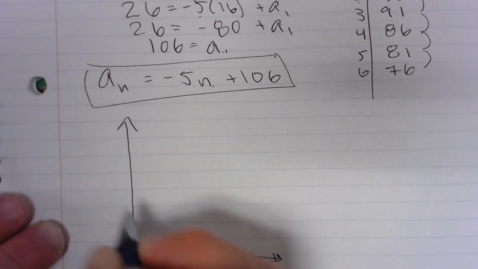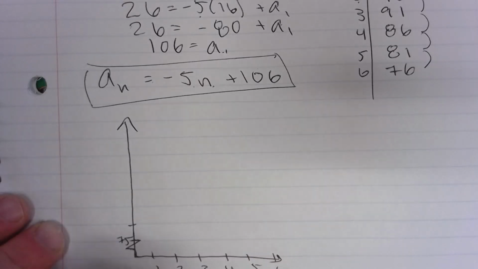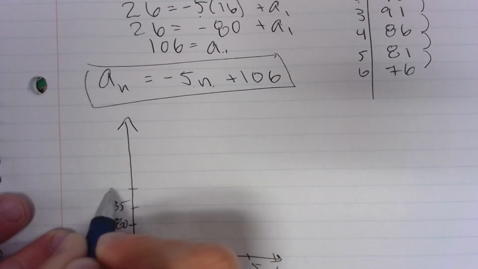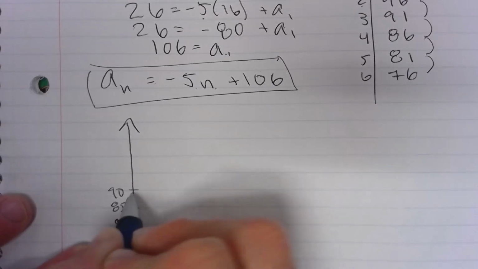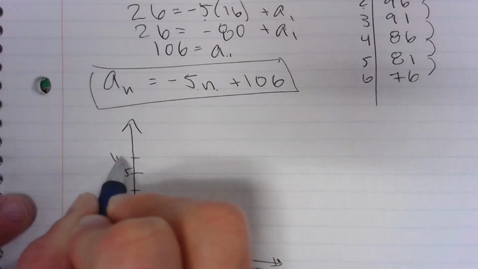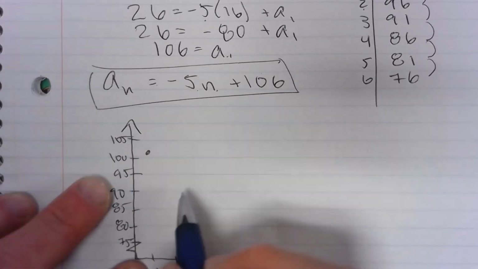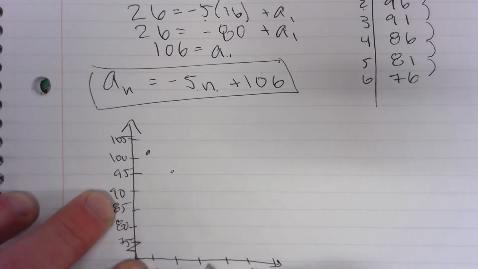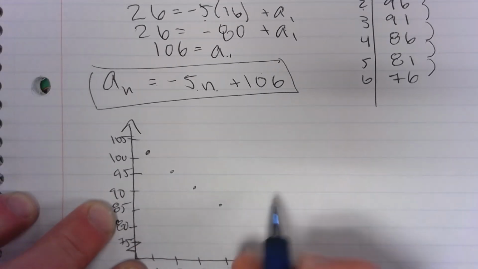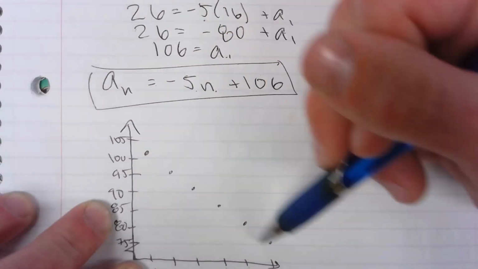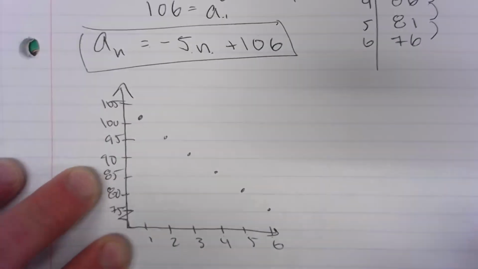And I'm going to start at 75 and go ahead and count by 5s. 75, 80, 85, 90, 95, 100, and 105. So 1 is at 101, 2 is at 96, 3 is at 91, 4 is at 86, 5 is at 81, and 6 is at 76. And remember, we are not connecting the dots. We're leaving them as independent points.